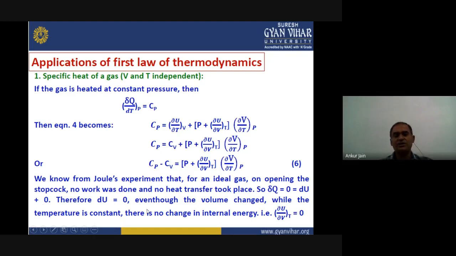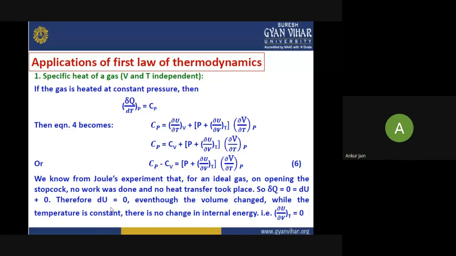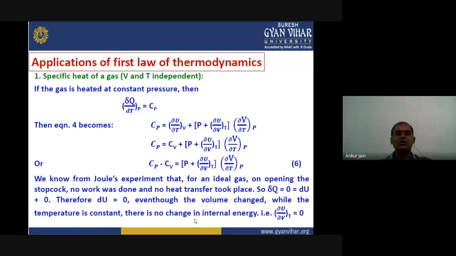And from that equation, we get dU equals 0 ultimately, right? So this dU is 0 even if we change the volume of the system, okay? But the condition is that the temperature should be constant in that system. And at that time, there will be no change in internal energy with respect to volume change.